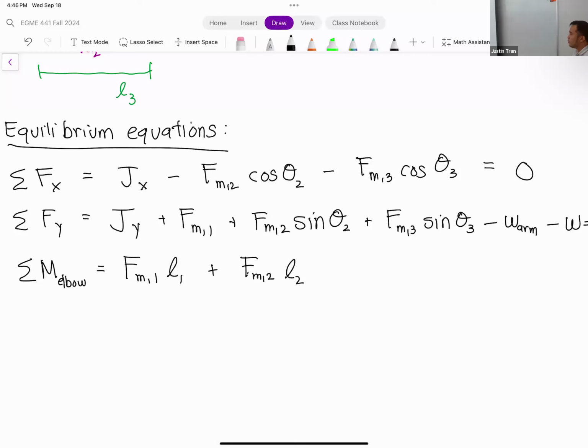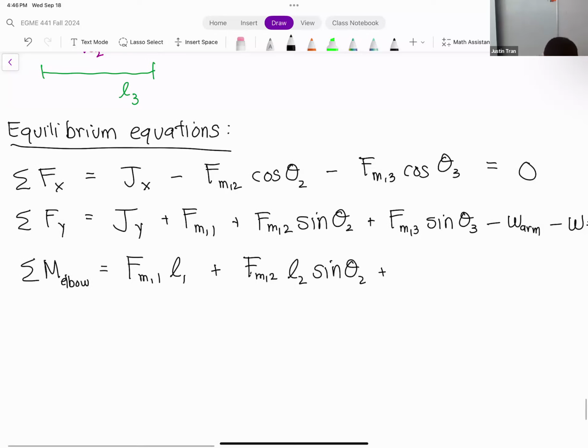But since FM2 is acting at an angle, we need to add the sine there as well, because the horizontal component points directly at the joint, so it's not going to contribute anything to the moment. We have the same thing from FM3: plus FM3 times L3 sine of theta 3. All positive.